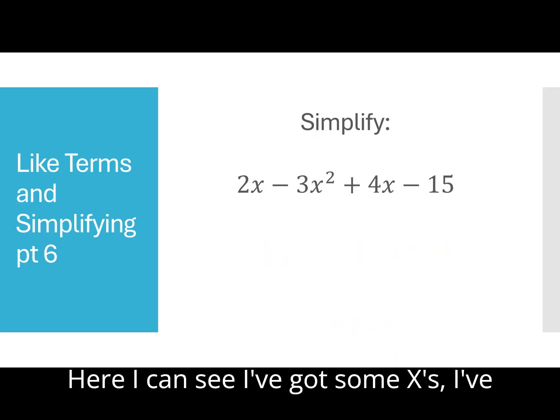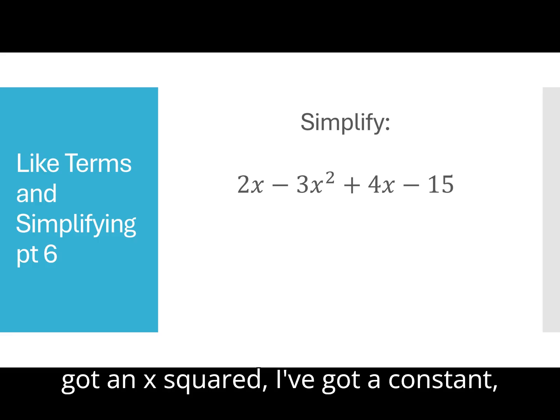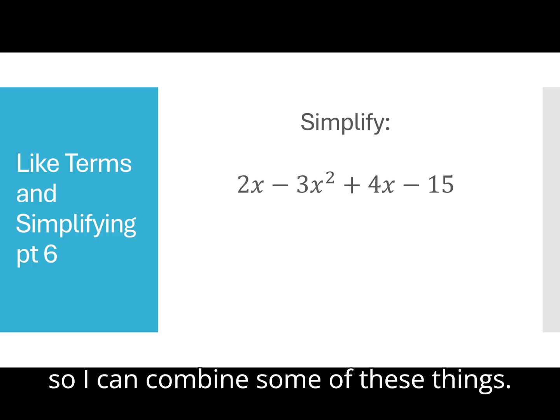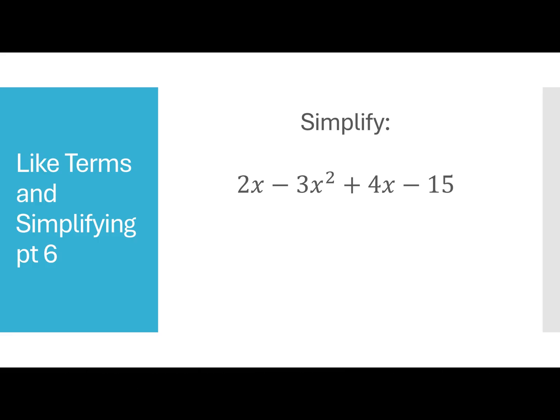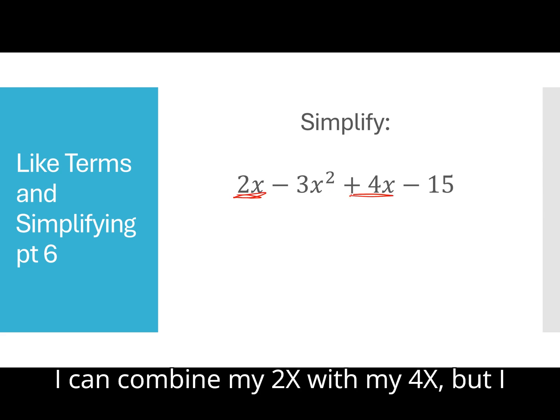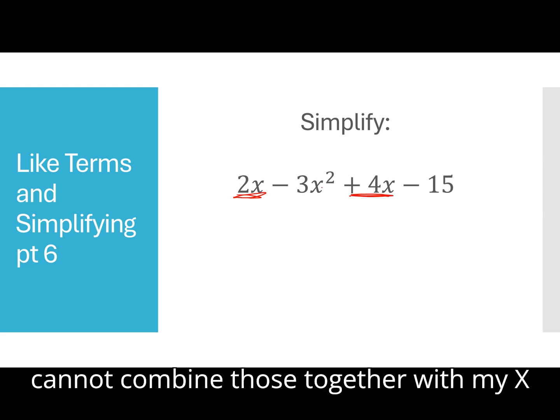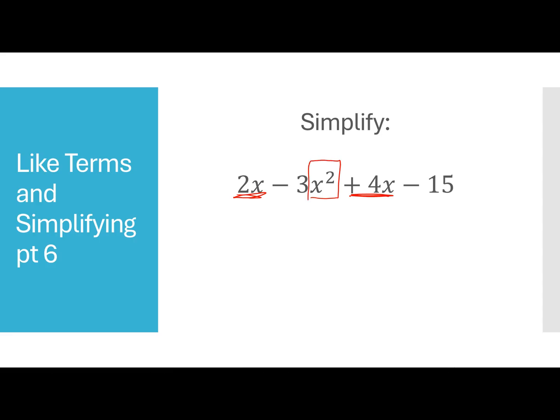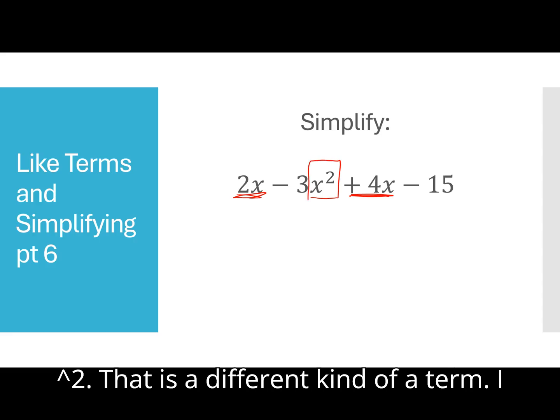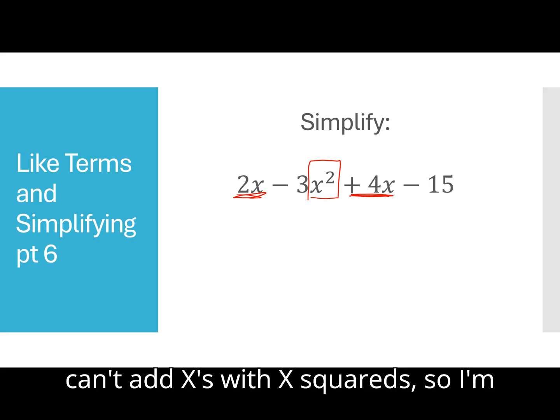Here I can see I've got some x's, I've got an x squared, I've got a constant. So I can combine some of these things. I can combine my 2x with my 4x, but I cannot combine those together with my x squared. That is a different kind of term. I can't add x's with x squareds.